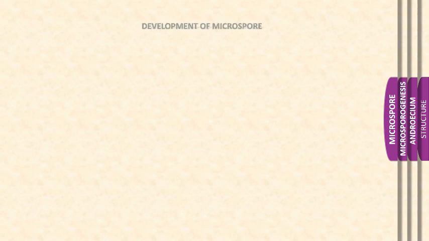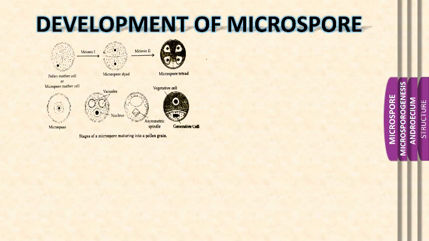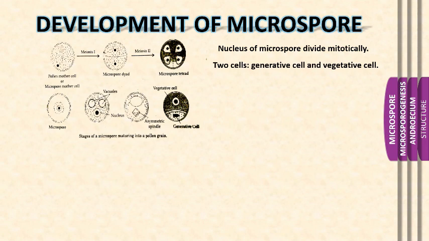After formation of the microspore, it is necessary to understand the development of the microspore, or the pollen grain. Here the first three diagrams show the formation of the microspore, which we have already studied. From the fourth diagram, you can see the single structure of the tetrad will divide mitotically to form two cells: one is the vegetative nucleus and the other is the generative nucleus.